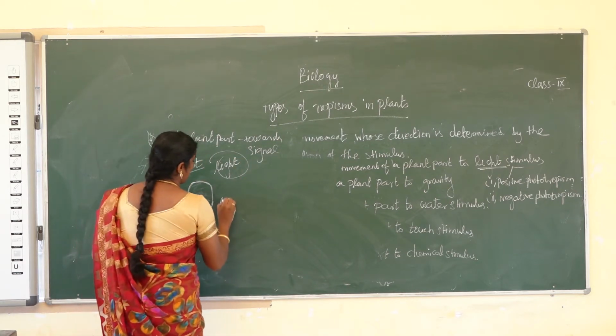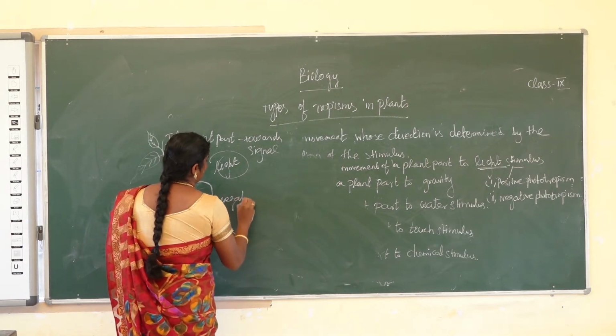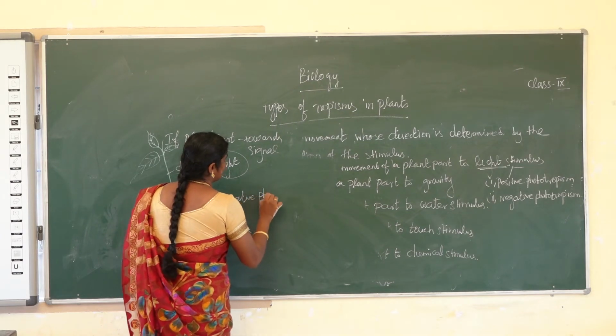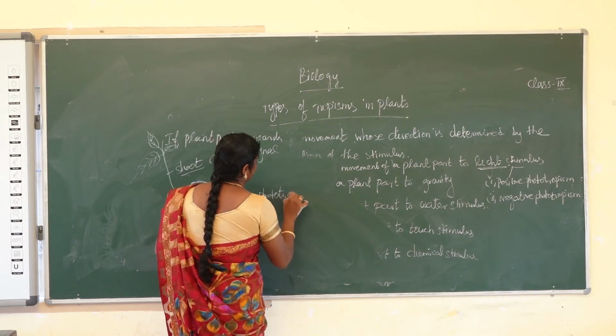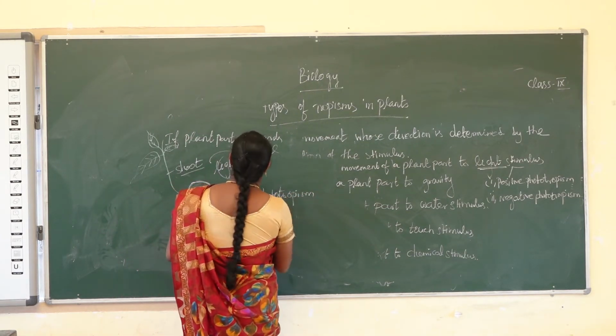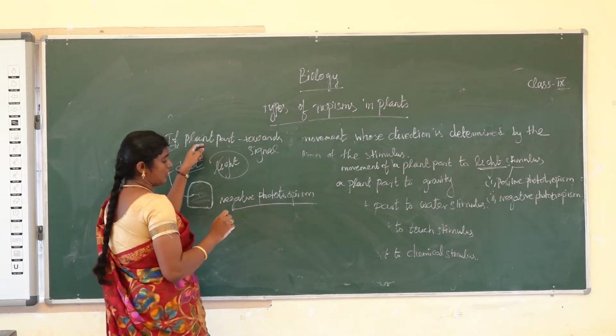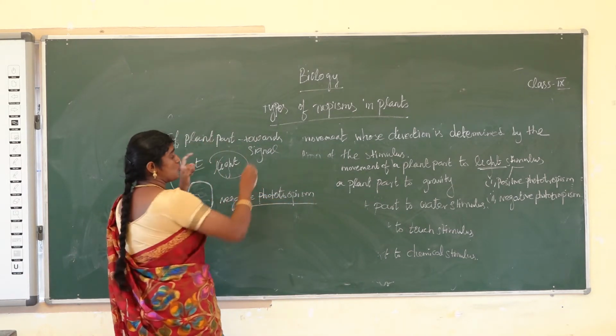Next one, negative phototropism. Negative phototropism means if a plant part moves away from the light, not toward the signal.